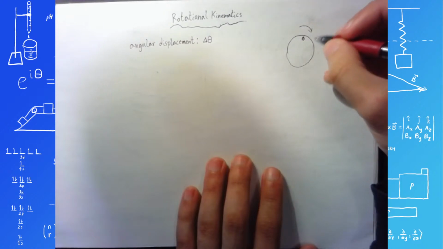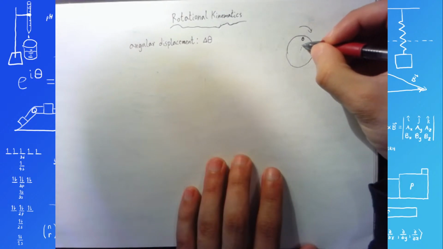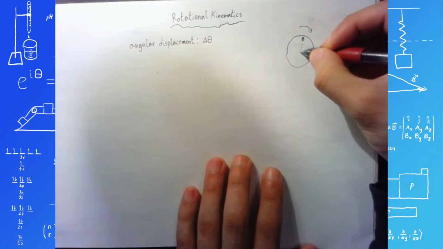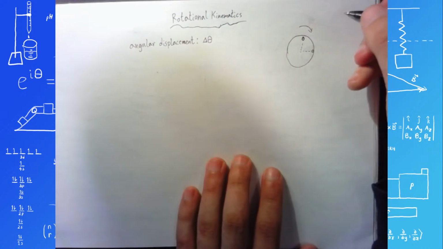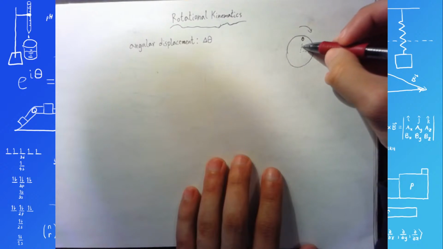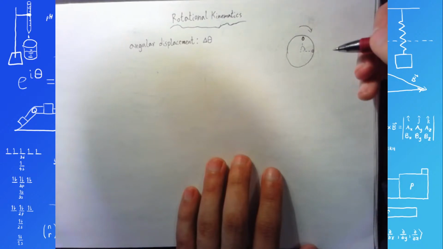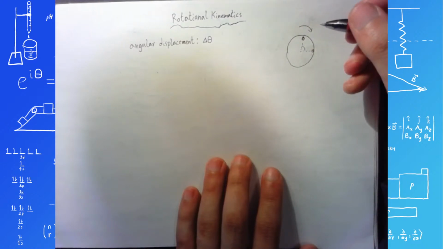If at one moment in time the child's head is here, and then at some other moment in time, the child's head is over here, then we would say the angular displacement is, what is that, like 85 degrees?